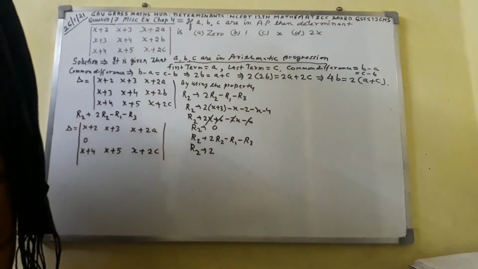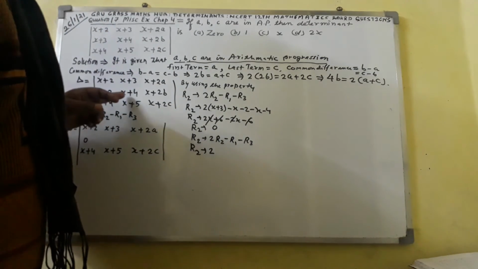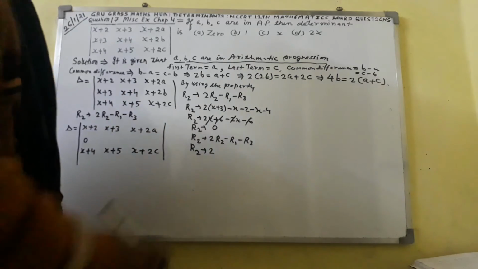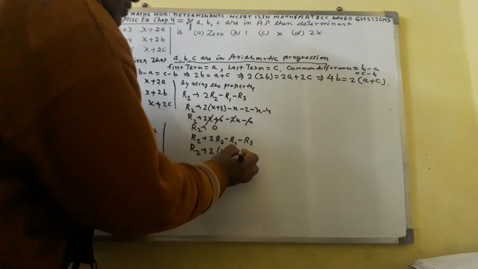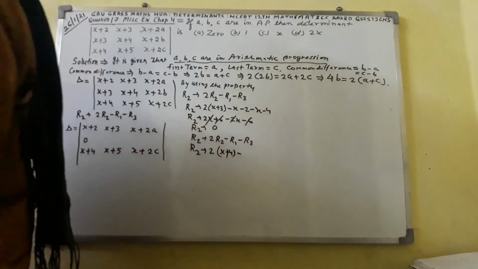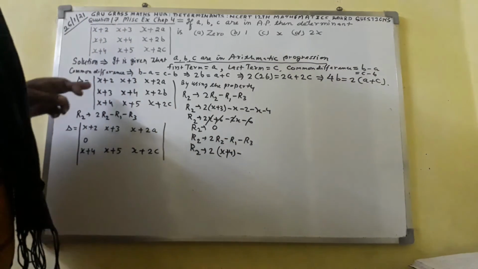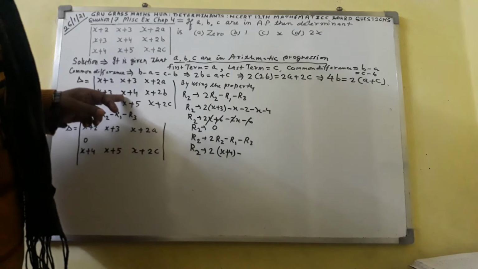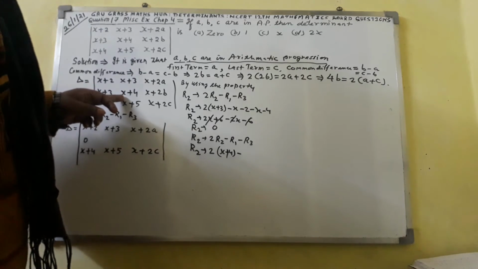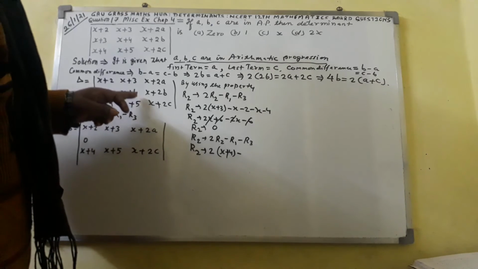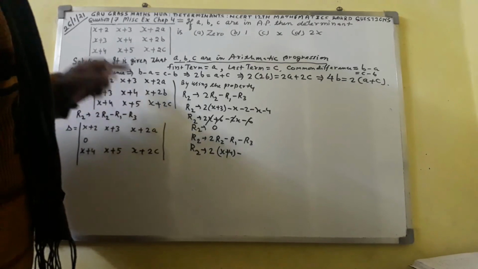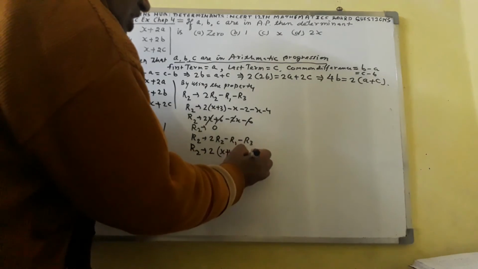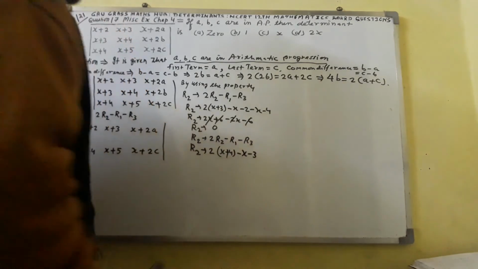If I take the element of R2 as x plus 4, so here write x plus 4 minus R1, the corresponding element of x plus 4 in the first row is x plus 3. So here write minus x minus 3.